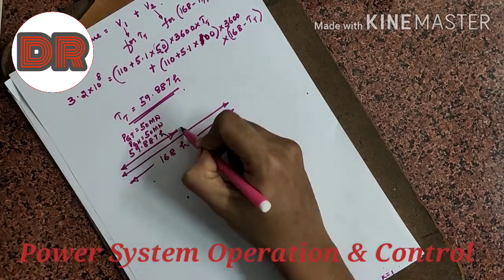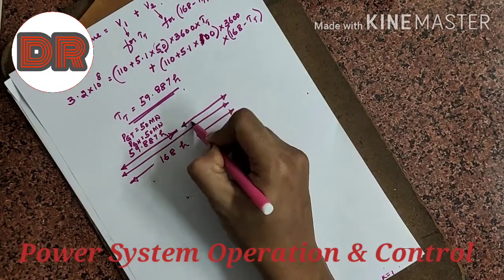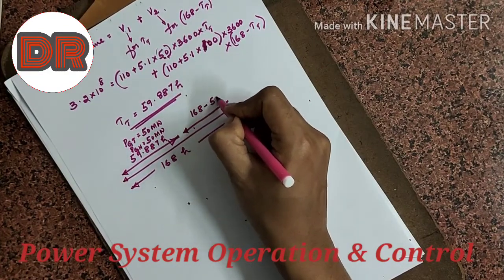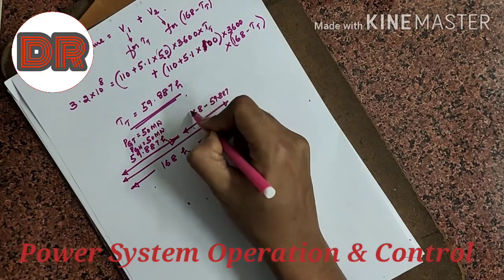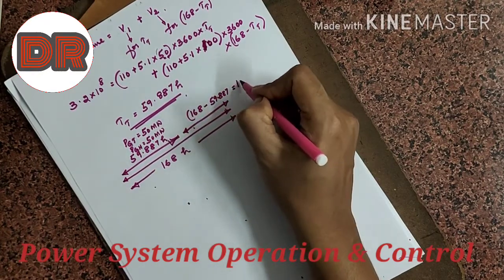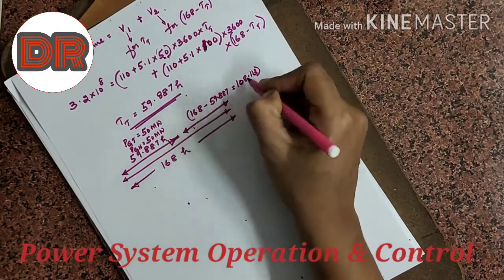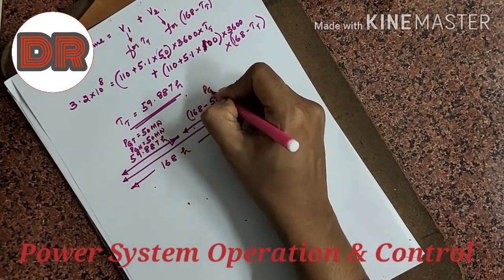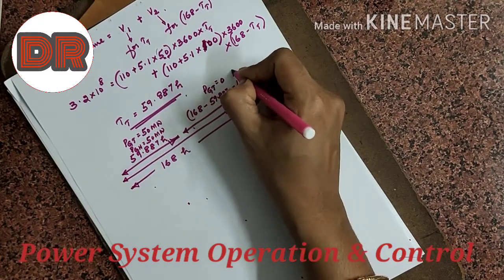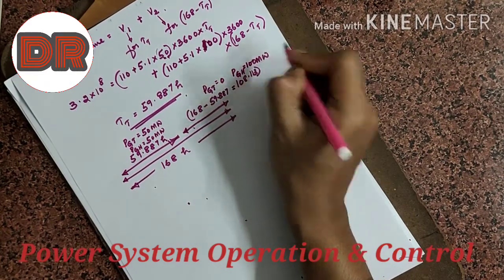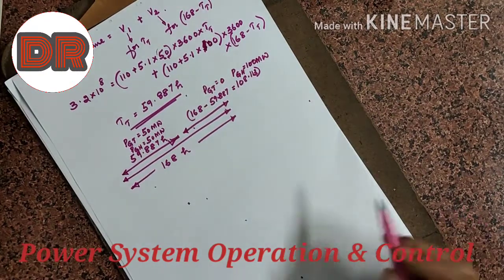The remaining time, what is the remaining time? The remaining time is 168 minus TT, that is 59.887. So this gives us 108.113. For this time PGT is 0 but PGH is 100 megawatt.